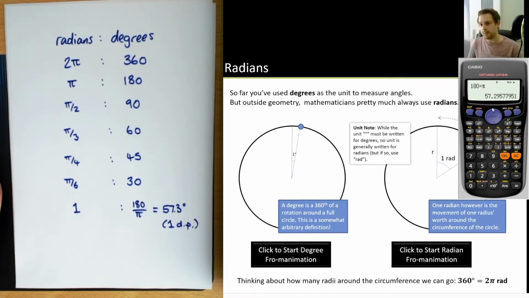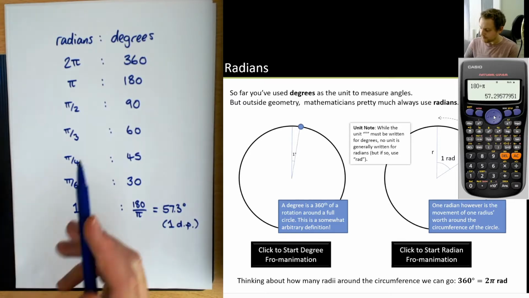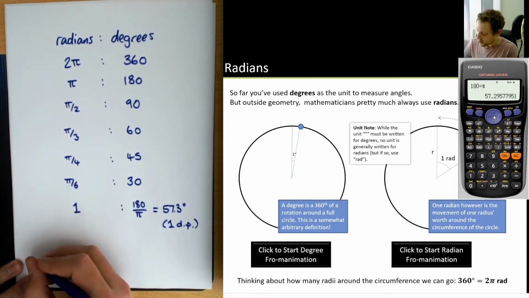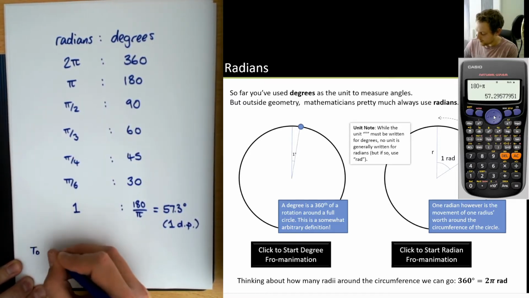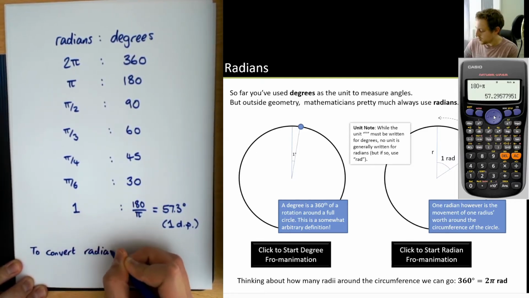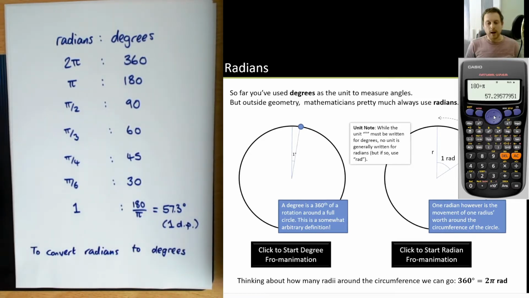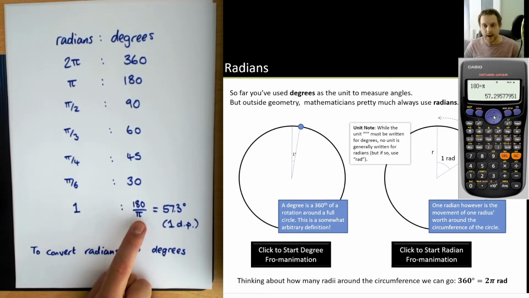Obviously it's going to be a decimal that goes on forever because it's involving pi, but that's how we would answer that. And then in general, to convert radians to degrees, you want to times by 180 and then divide by pi.